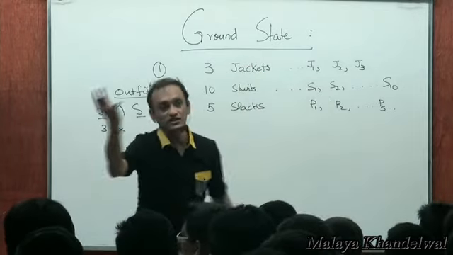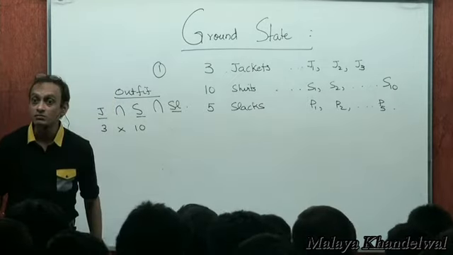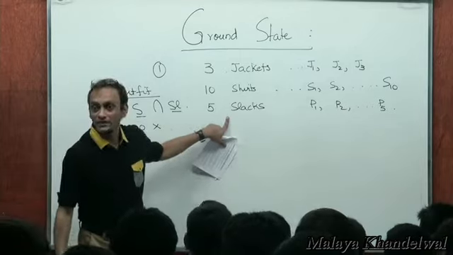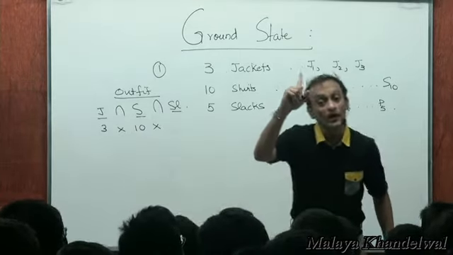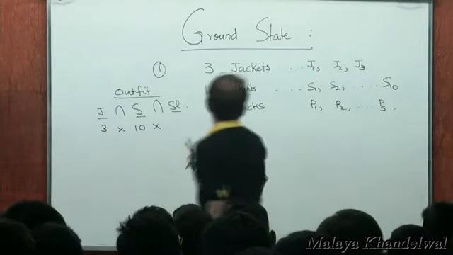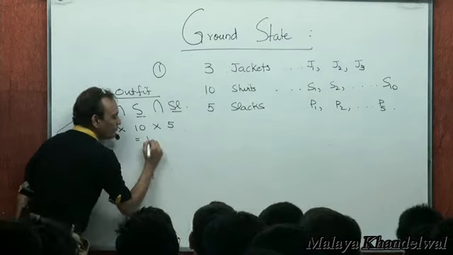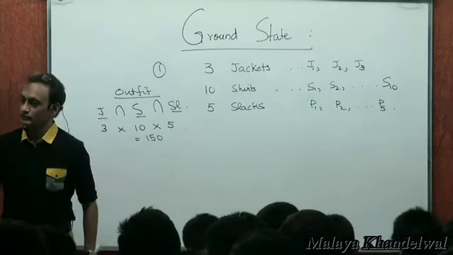So 10 ways of choosing a shirt from his collection, right? And then one pair of slacks. He has 5 pairs. He wants to select one to wear, so he can do that out of 5 in 5 ways. So that makes it 150 different ways in which he could wear an outfit, right?